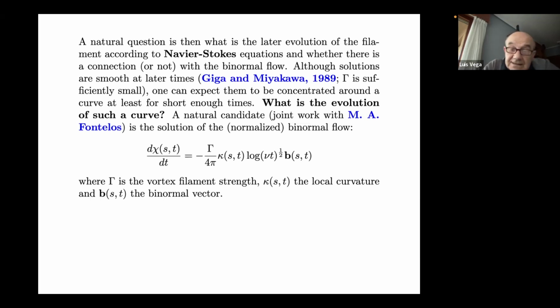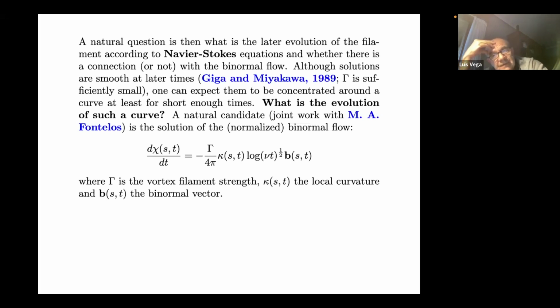But in any case, we have a solution, and we also need an extra hypothesis, a very important one: that it is perturbative. Because of that, you need some kind of smallness, and in this case it is what is called the Reynolds number, which is just the circulation over the viscosity, gamma, being small.